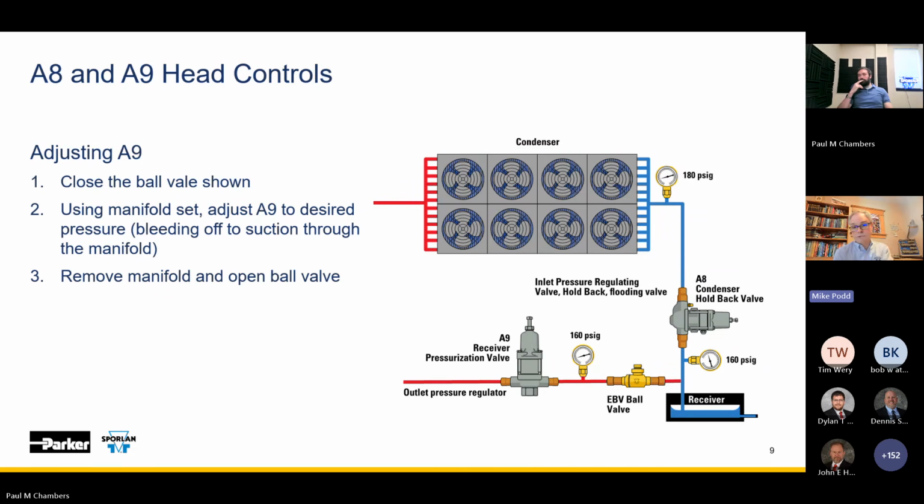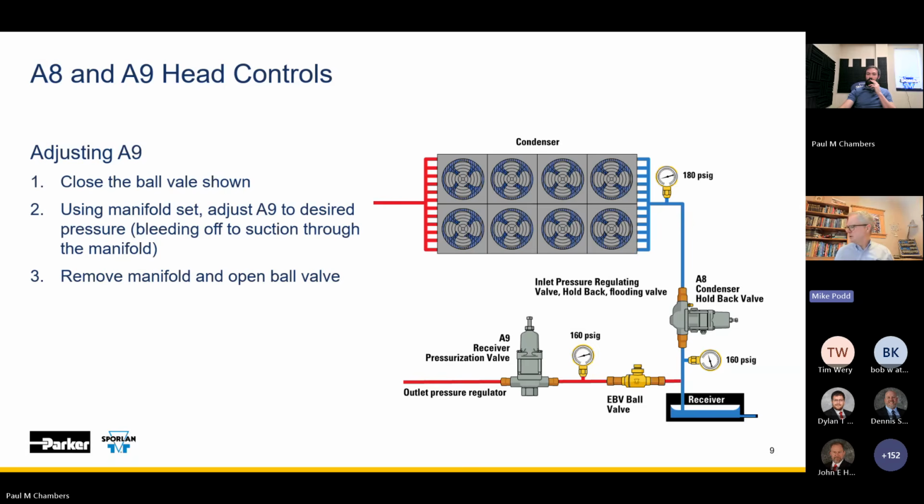And conversely, if your receiver pressure is lower than your set point, you can just adjust accordingly. You don't need to do the shut off. This is really just for setting it up in a time frame that's not possible. And if you go back a couple more slides, we've got that table. Out of the box, it's set for 120, and then there is some adjustment.